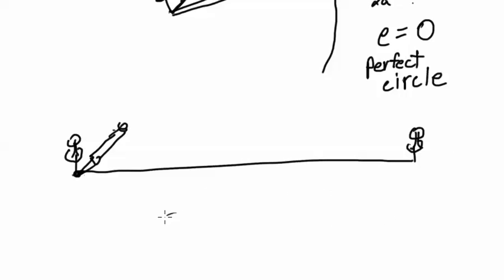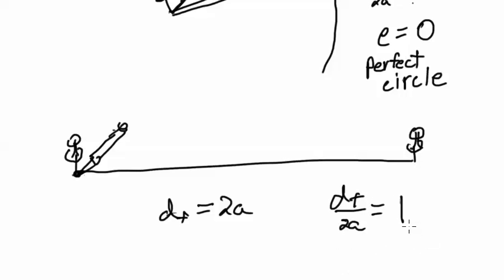Here, the distance between the focal points is equal to 2 times the semi-major axis, or the length of the string, and we would have D sub f over 2a equal to 1. And that is the situation where you would have basically a straight line.